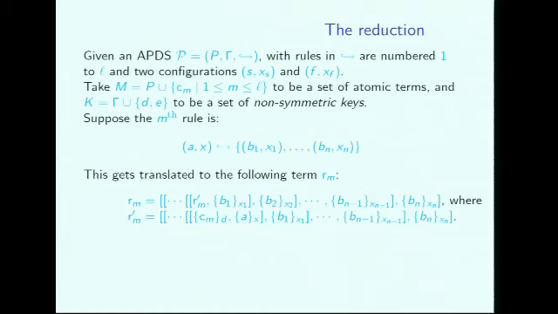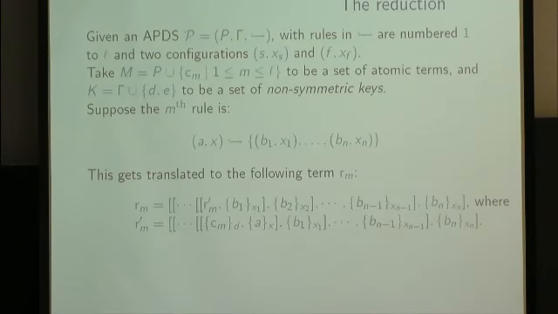In general, suppose you have a rule of this form, where you move from control state A to B, replacing the stack top X by Y. I can introduce a term which is simply a combination of blind pair and encryption, with these subscripts being words x1, x2, xn. In general, when I am subscripting by a word x, what I am talking about is a sequence of encryptions that I perform.